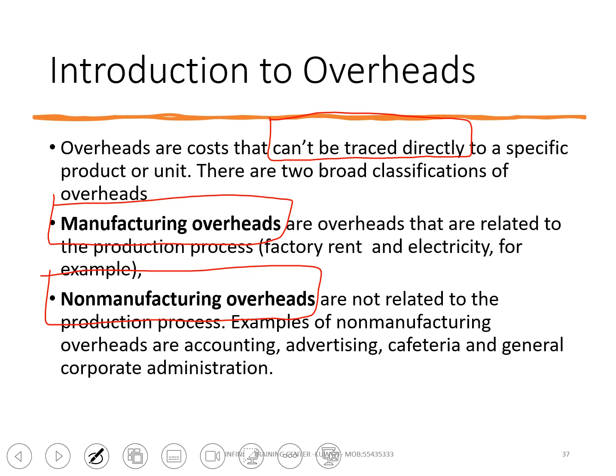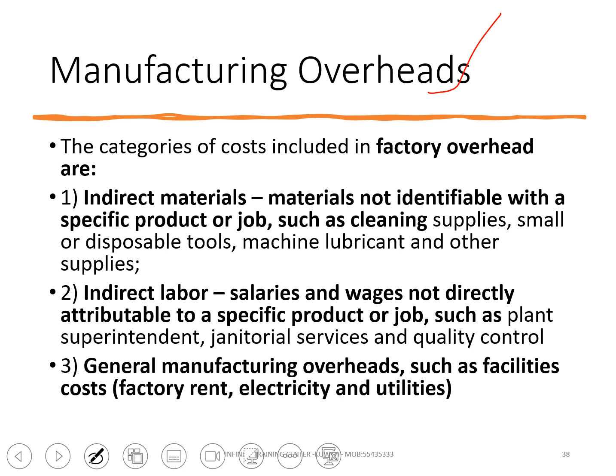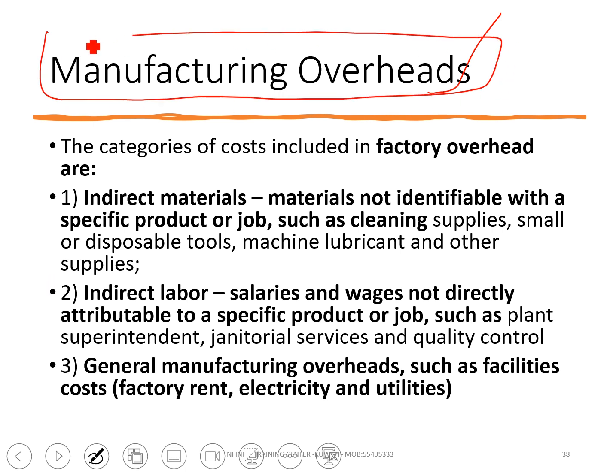Okay, so we have two types of overheads, and manufacturing overhead cost can be categorized into three normally. One is indirect material. These are materials other than direct material, or material you cannot trace directly to a product. Then you have indirect labor. These are labor again other than direct labor, and this cost also you cannot trace directly to a product.